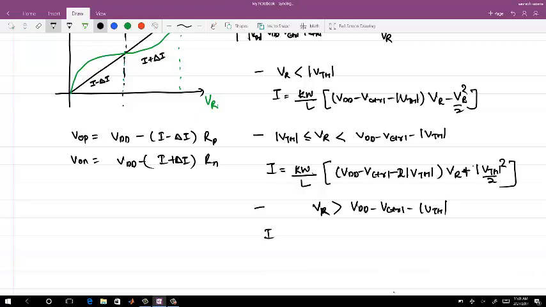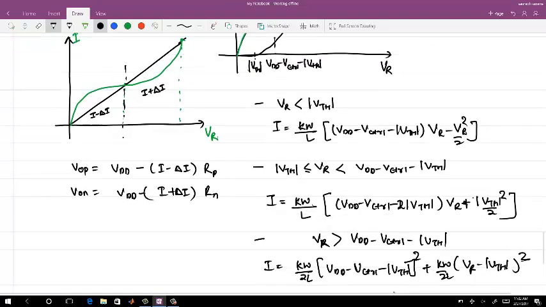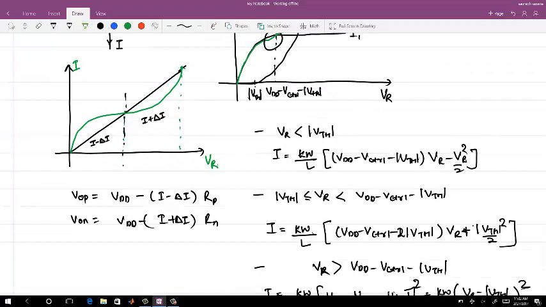At that time, you have Kw by 2L into VDD minus V control minus mod VTH whole square, plus Kw by 2L into VR minus mod VTH whole square. So this is the current equation.